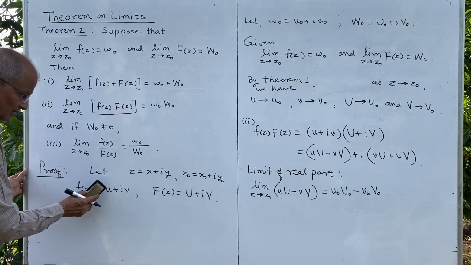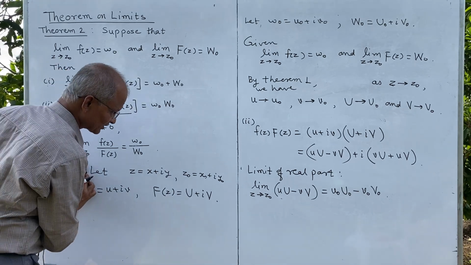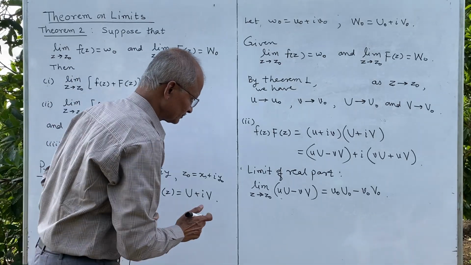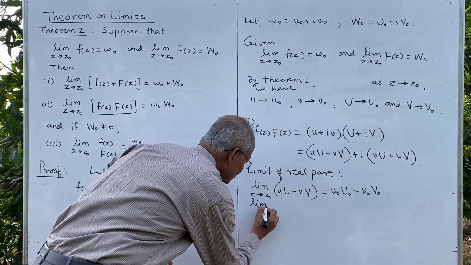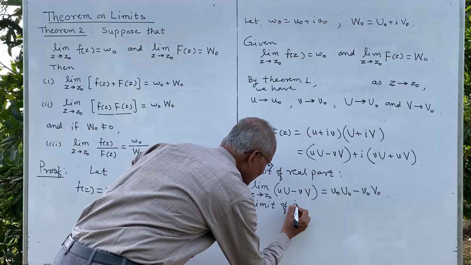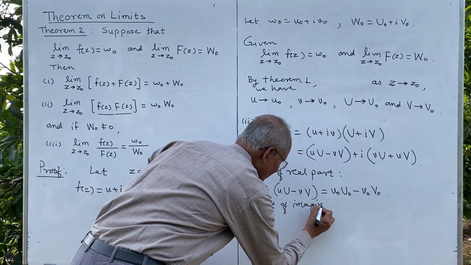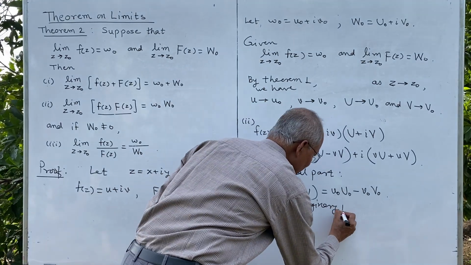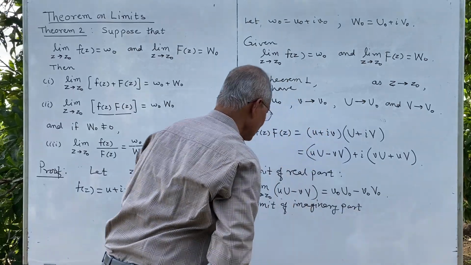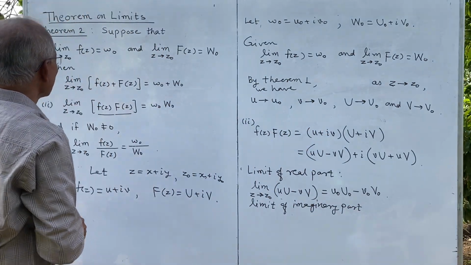And the limit of the imaginary part will be now similarly. So I shall write here the limit of the imaginary part. And what will the limit of the imaginary part be?